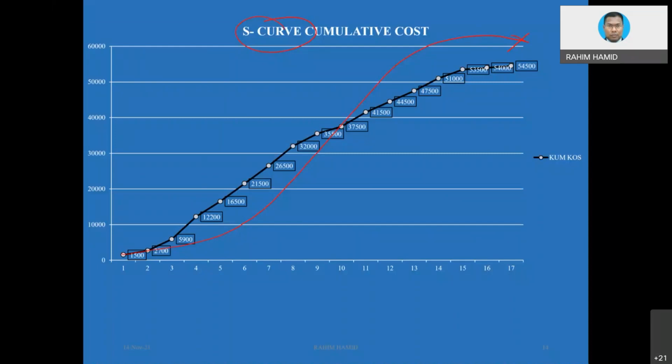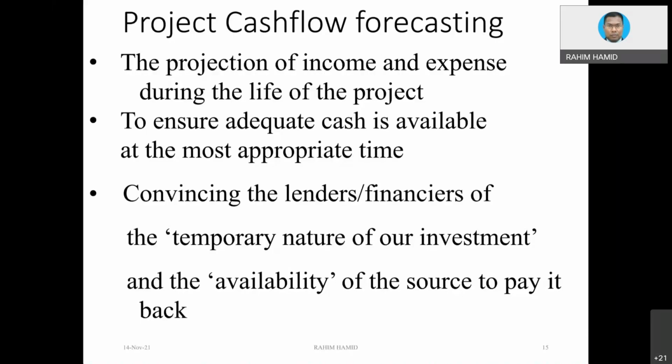Okay. Project cash flow forecasting. Project cash flow forecasting is the projection of income and then expenses during the life of a project. The example that we give is the construction project, as if we want to know the viewpoint of the contractor. But the concept can always be used for any project.